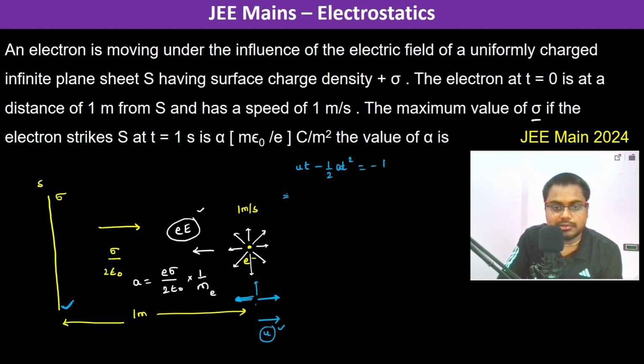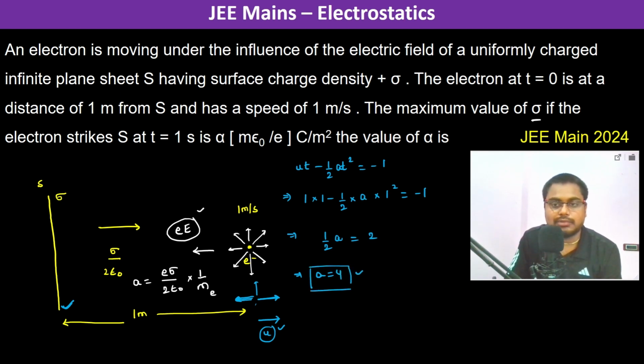-1. So u is 1 meter per second into 1 minus half into a into t, again it's 1, should be equal to -1. So half a should be equal to 2. So a becomes 4 meter per second square. This is the maximum value of acceleration.